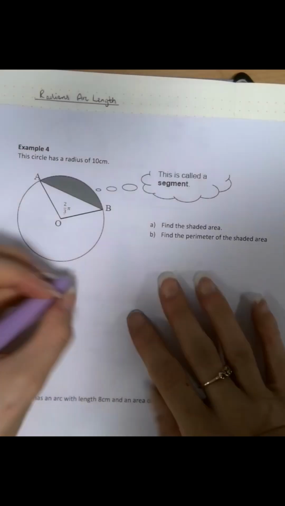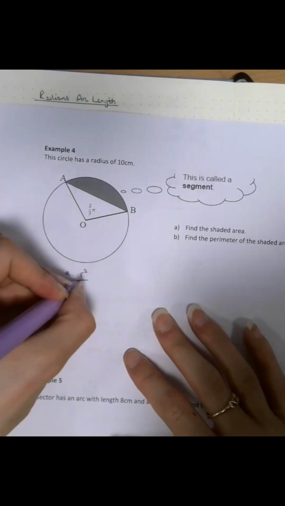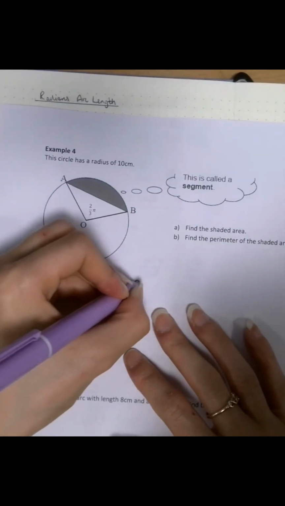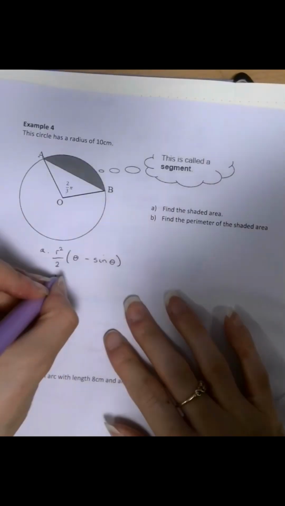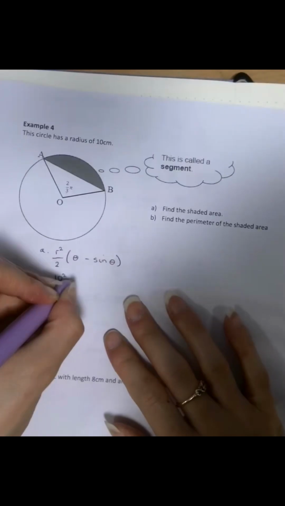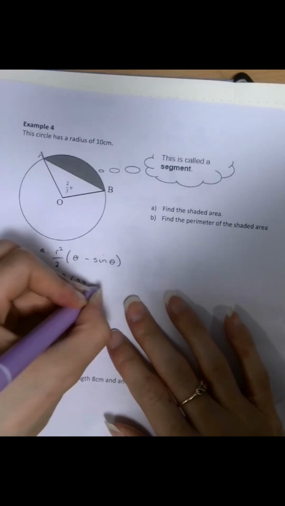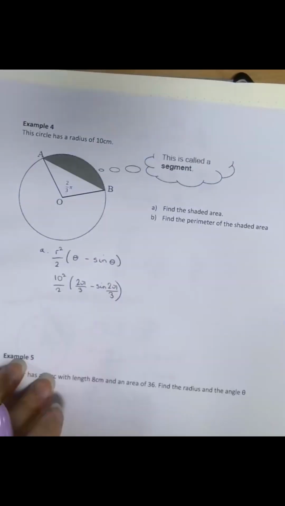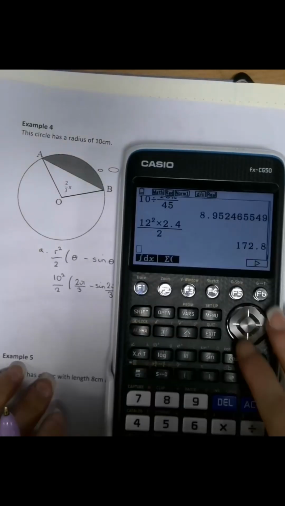So let's first of all find part A, the shaded area. It's going to be r squared over 2 times theta minus sine theta. r is 10, it tells us that in the question, over 2. Theta is 2 pi over 3 minus sine 2 pi over 3. If you are working with your calculator, make sure it's in radian mode.